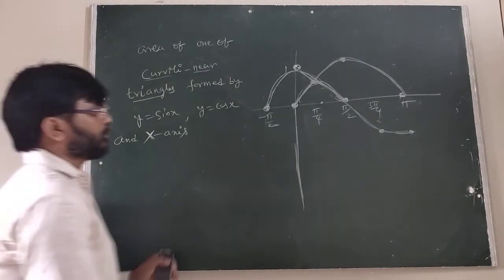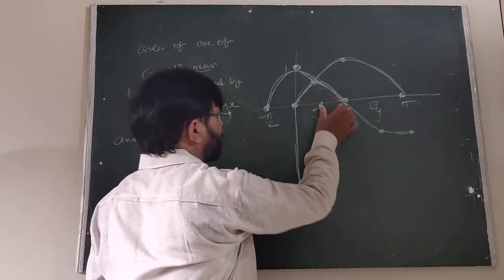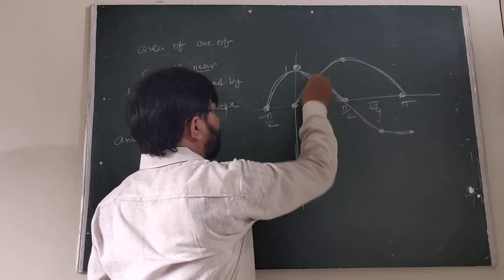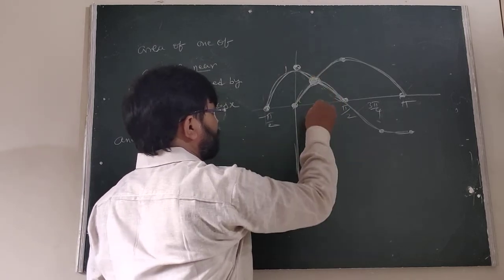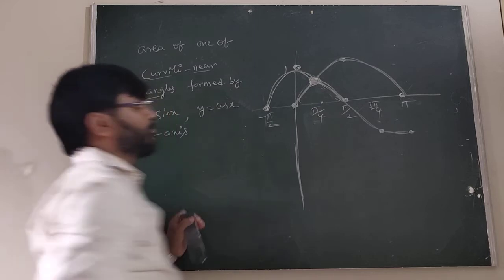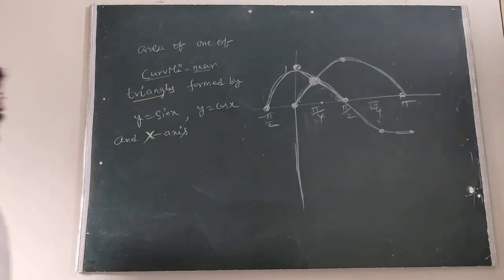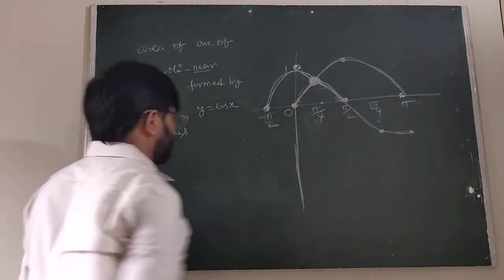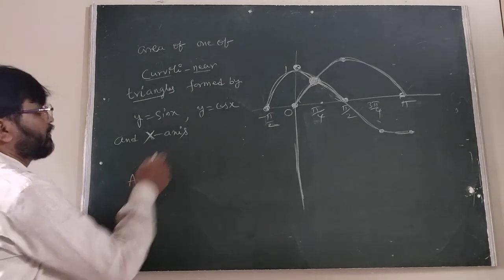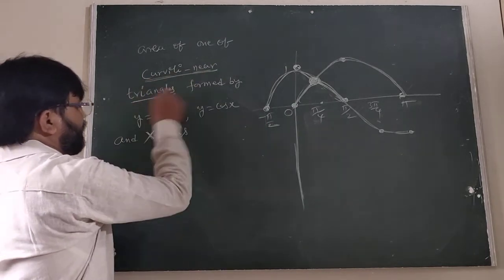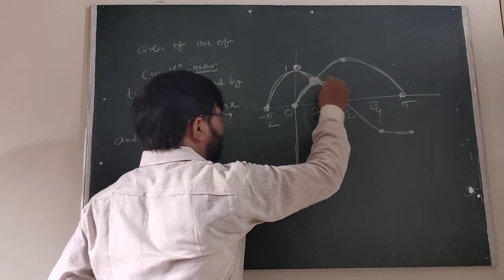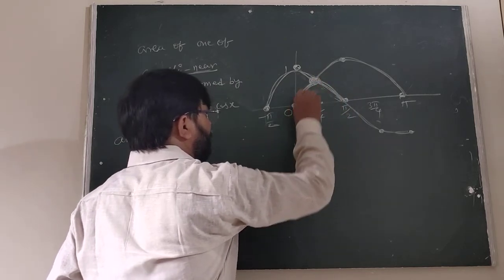So here, dear students, these curves intersect at pi by 4, since sin 45 is 1 by root 2 and cos 45 is 1 by root 2. First you write the required area, that means the curvilinear triangle.